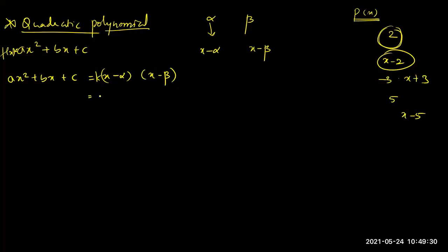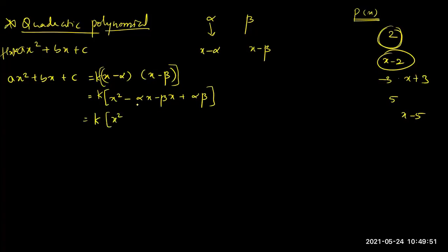Now this k I will keep outside the bracket. Then inside, I multiply these two terms. It becomes x square minus alpha x minus beta x plus alpha beta, and then k as it is.